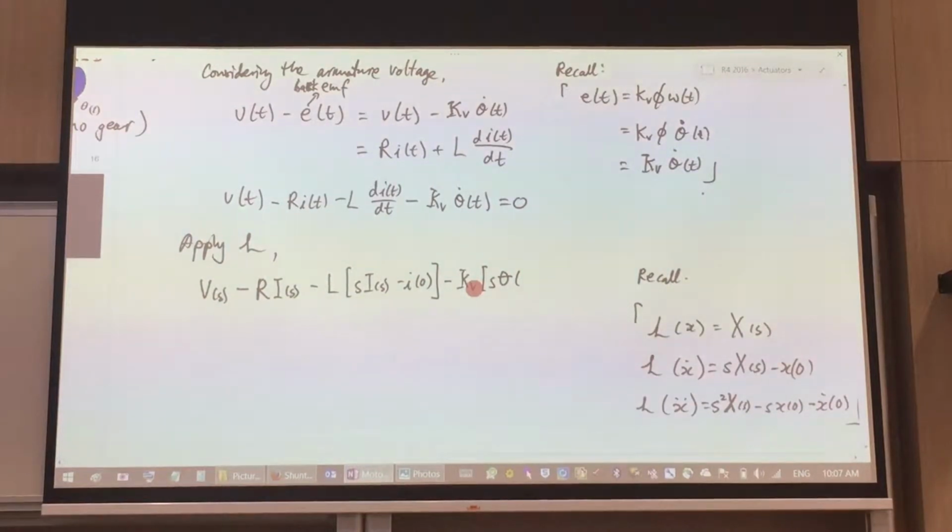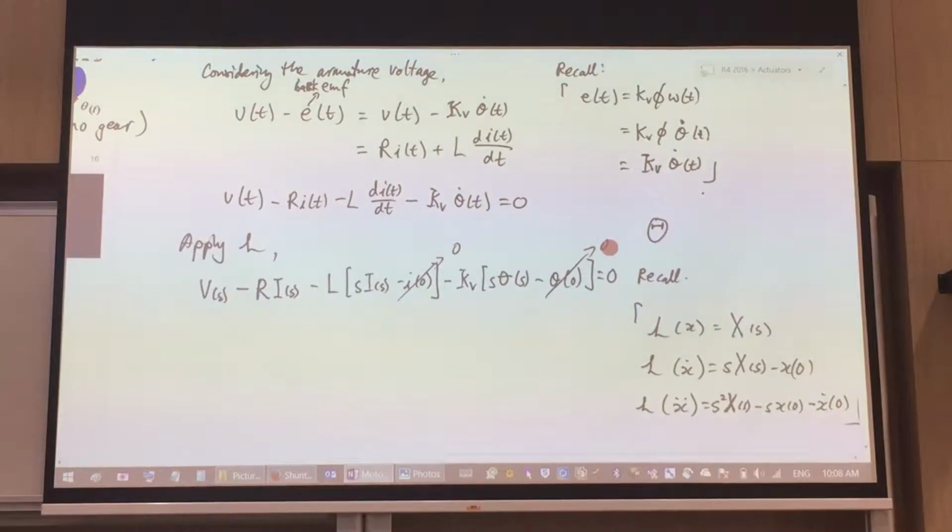In your set of notes, it's written in that way. I have no time to write that. So s Theta(s) minus theta naught is a small letter theta and equal to 0 after the Laplace transformation. Now the initial condition says that this part is 0 and theta at time 0 is equal to 0.